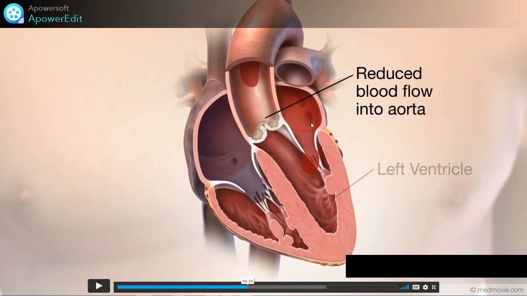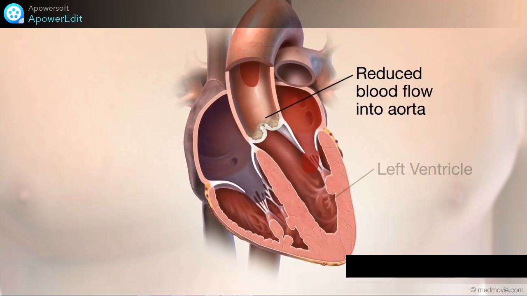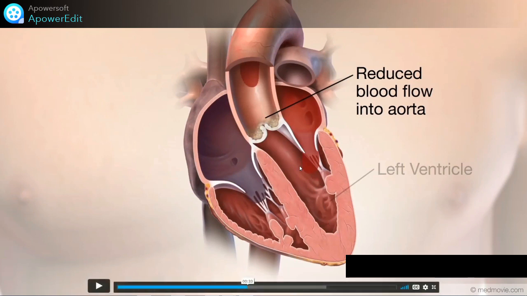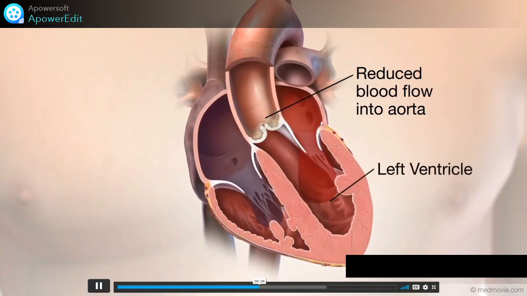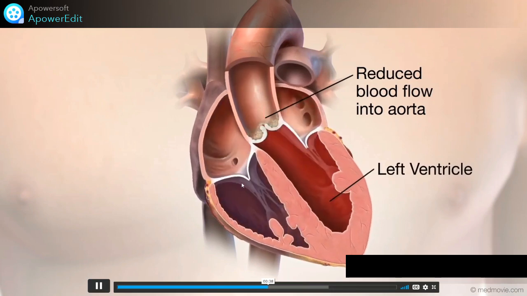The flow that comes near the probe we see as positive, and the flow that goes away from the probe we see as negative. This is the normal flow of the heart.